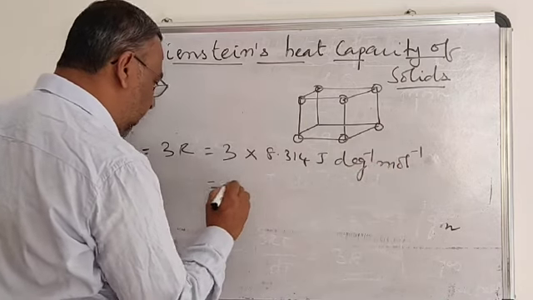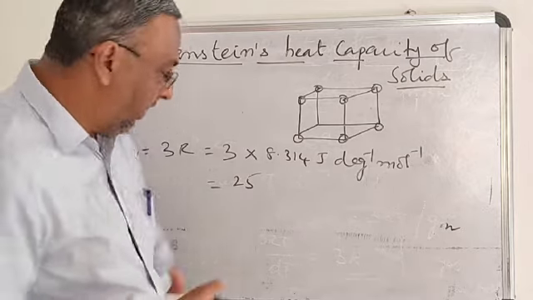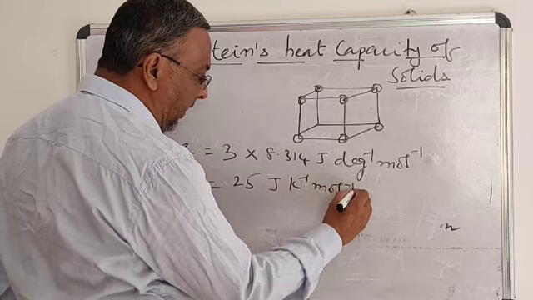This value will be around 25 joules per Kelvin per mole.